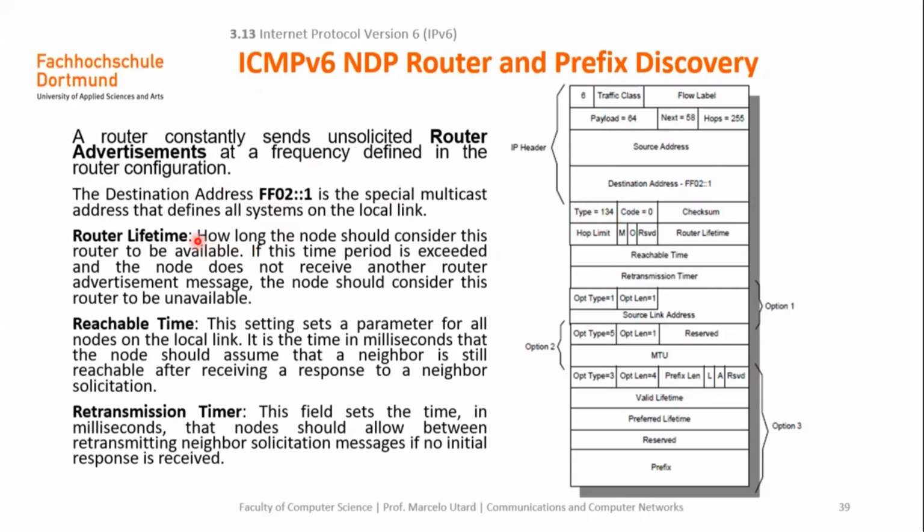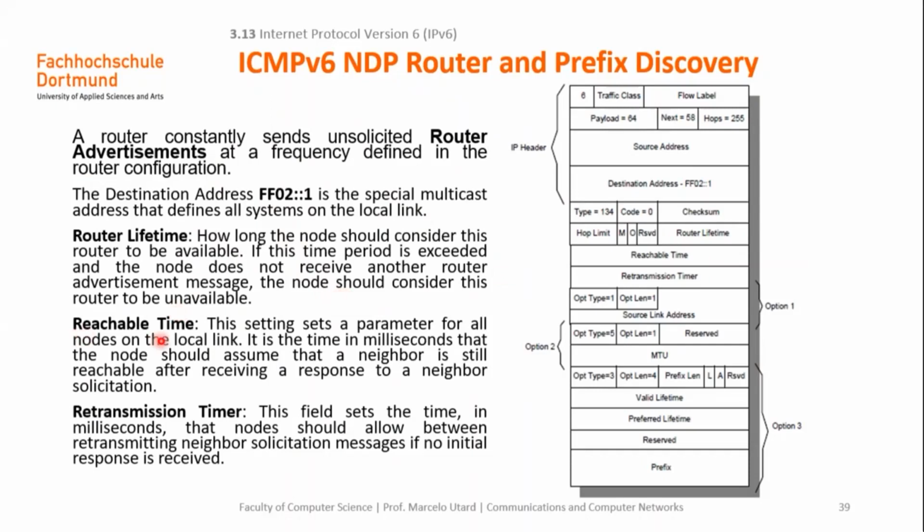Router life, this field, specifies how long the node should consider this router to be available. If this time period is exceeded and the node doesn't receive another router advertisement message, the node should consider this router to be unavailable.